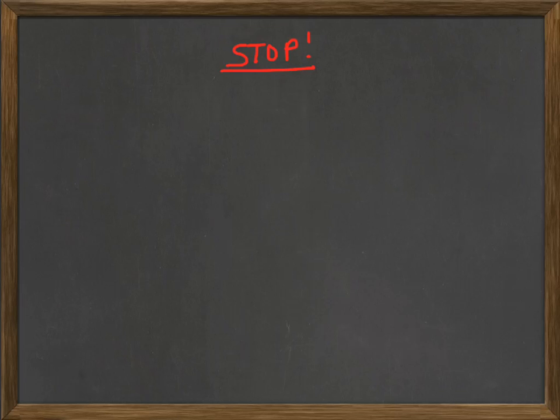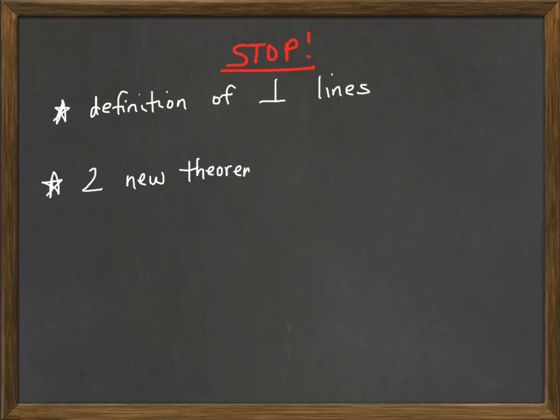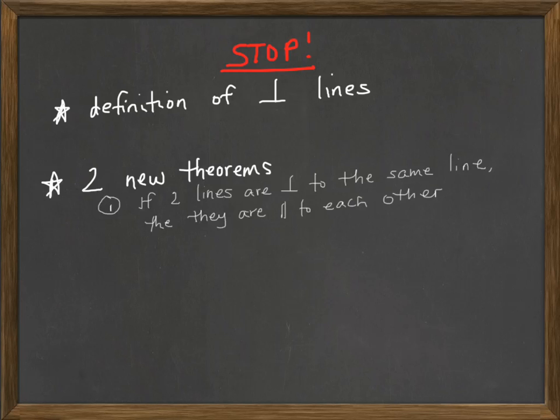Okay, now it's time to stop and take inventory of what we've learned. First of all, you should have your definition of perpendicular lines in your notes. And you should have the two new theorems that we've discussed. The first one says that if two lines are perpendicular to the same line, then they are parallel to each other.